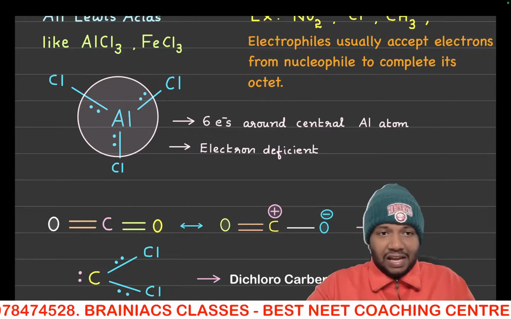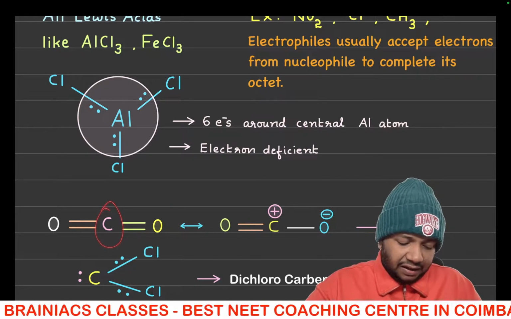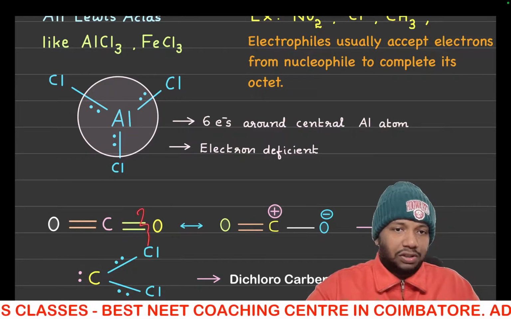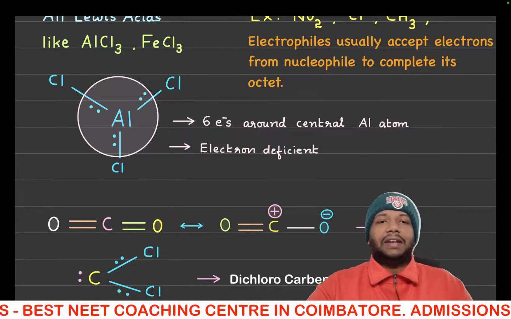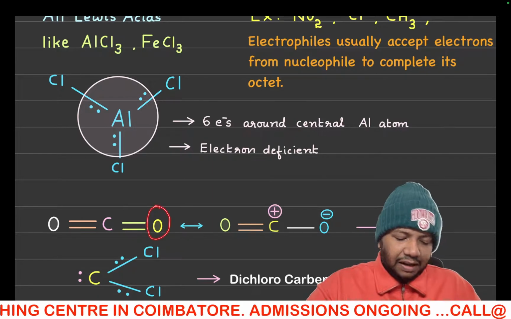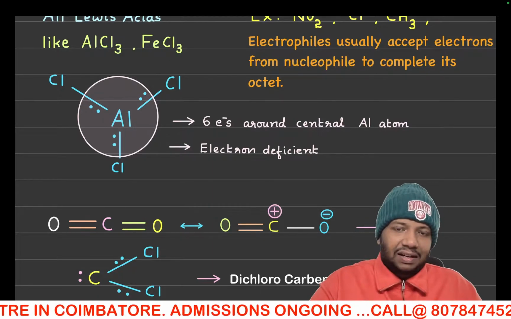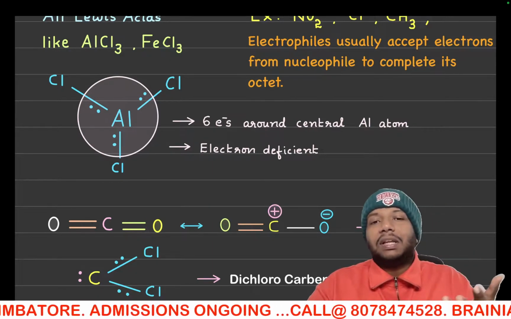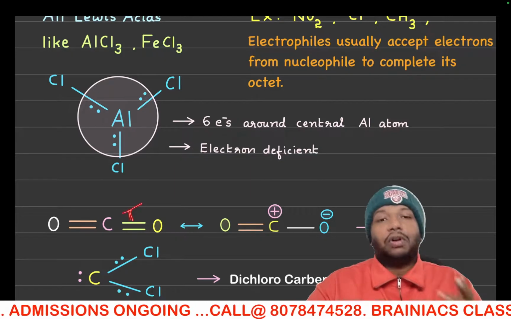But please understand, whenever an atom shares a multiple bond with an electronegative element, what will happen? This electronegative element, like oxygen, has a tendency to attract the electrons. And this multiple bond or pi bond is a weak bond, we know that.